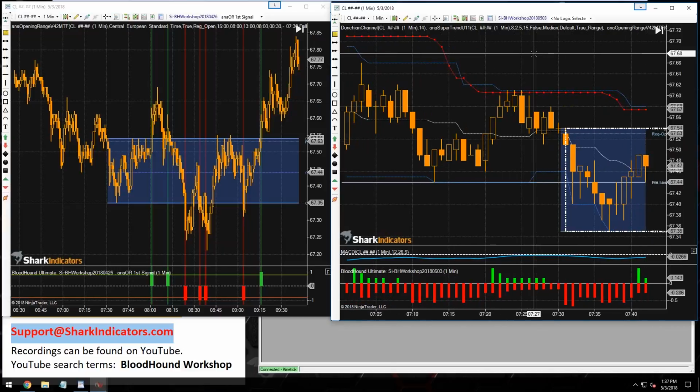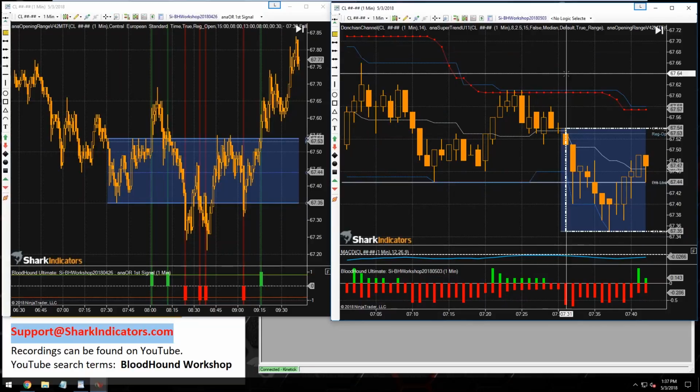What that tells me is that the open range indicator is providing a range. It's providing these range plots on the chart in real time.